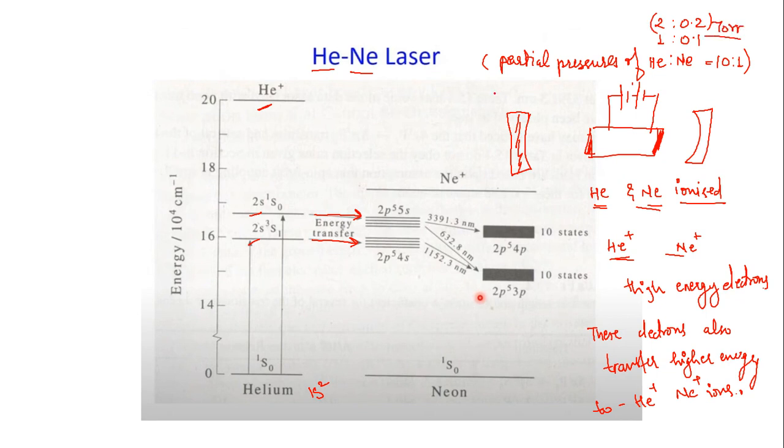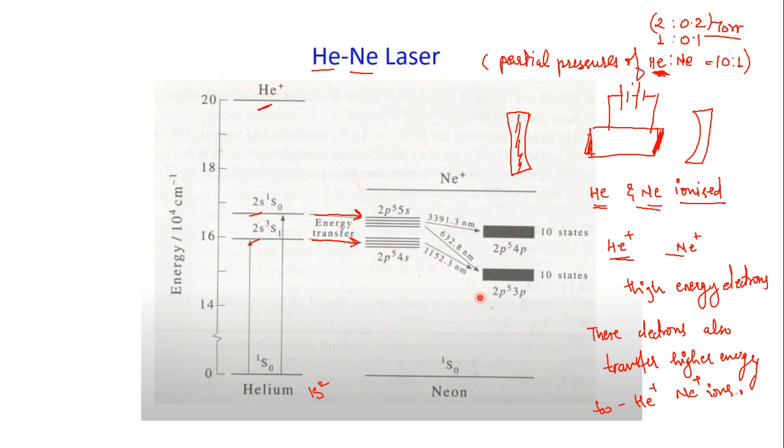Now they have considered the helium to neon laser, where since the helium is in large quantity, although the reverse process can occur, here we are considering the process which we want to consider for the working of the helium neon laser.